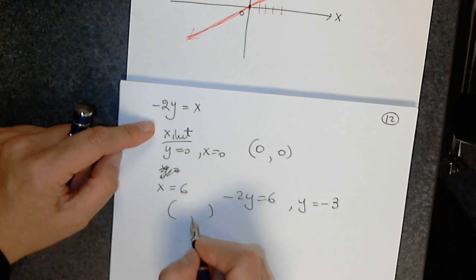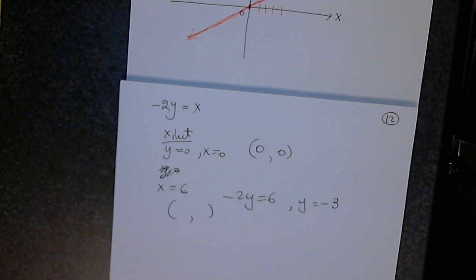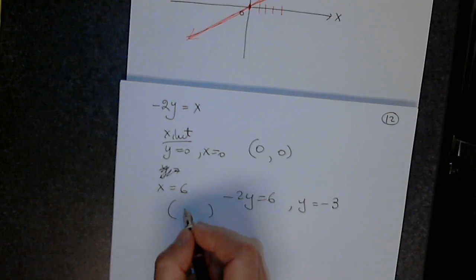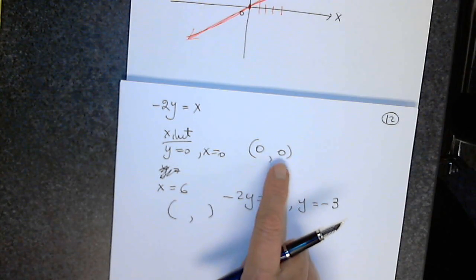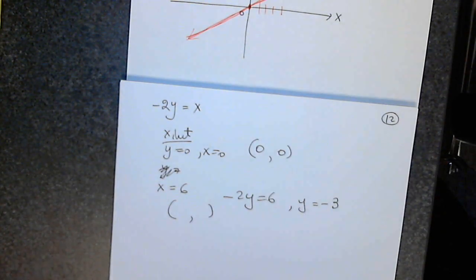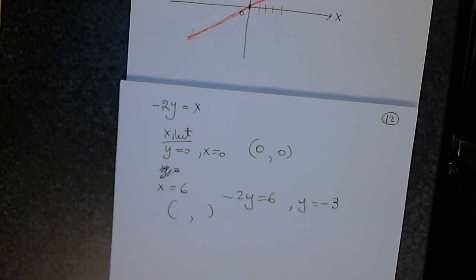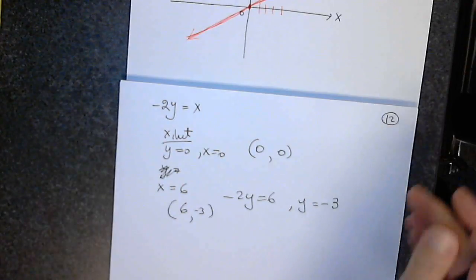So then the ordered pair that we just determined is 6 and negative 3. Correct. All right. Very good.